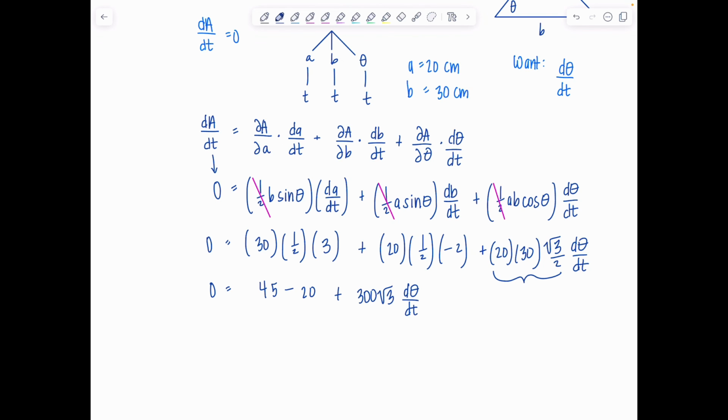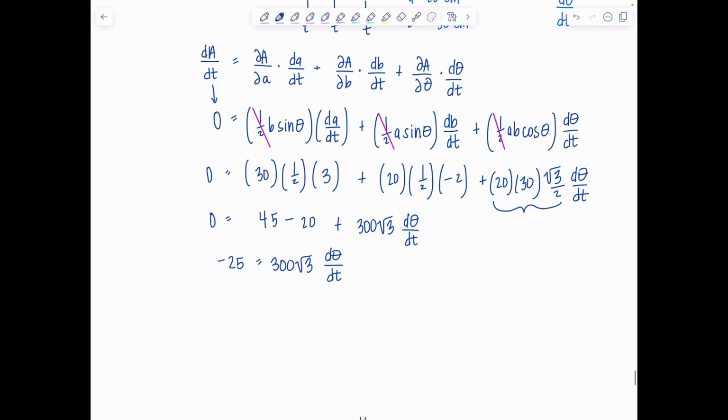I'm moving it over though, negative 25 equals 300 root 3 d theta/dt. And then for d theta/dt, I'll just divide by 300 root 3. So we have negative 25 over 300 root 3. That reduces, yes. This is going to be negative 1 over 12 root 3.